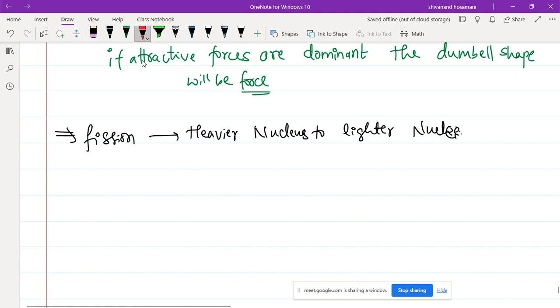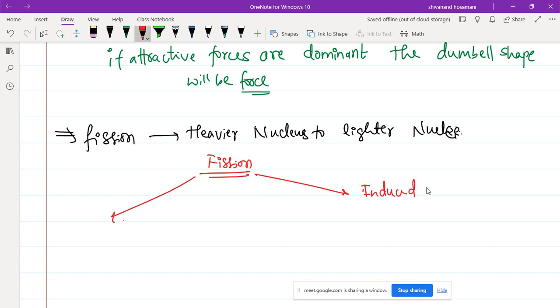Therefore, fission ಒಳಗೆ ಎರಡು ಪಾರ್ಟ್ ಬರ್ತವೆ. In the case of fission, there are two parts. One is spontaneous fission, and another one is induced fission. It is defined as induced or stimulated fission.